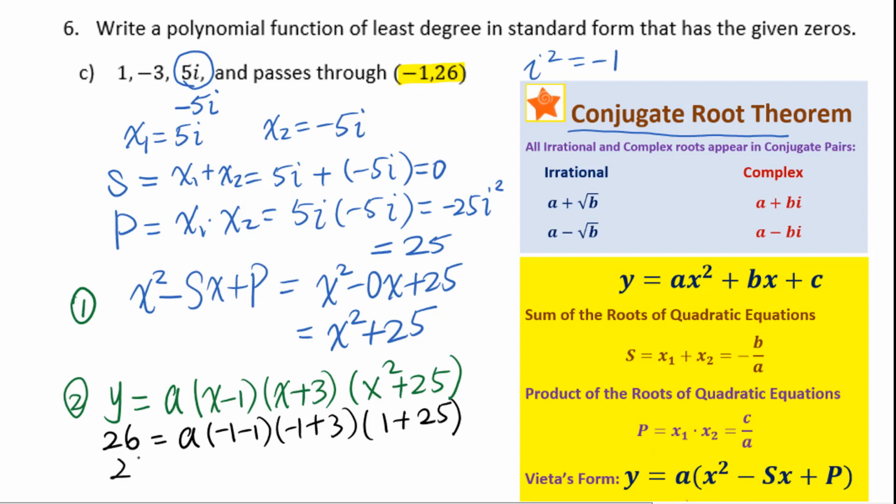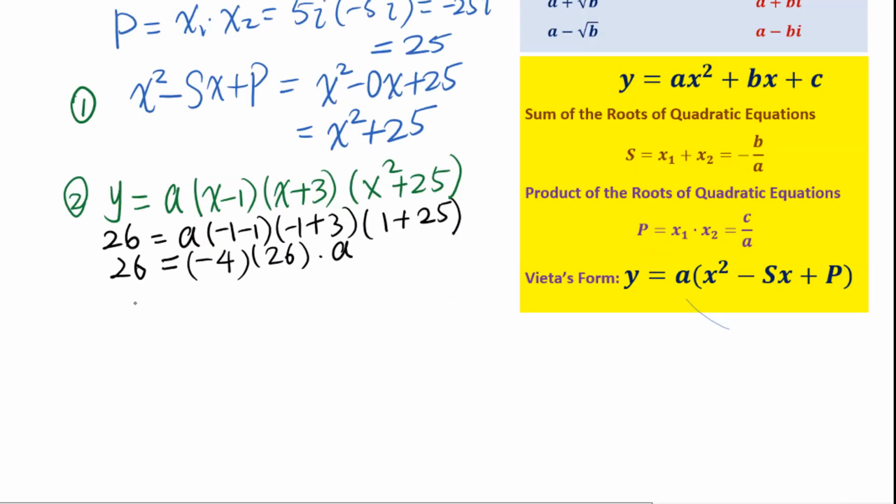We will get 26 equals negative 2 times 2 is negative 4, so negative 4 times 26 times a. So we divide by 26 on both sides. You will get 1 equals negative 4a. a equals negative 1 over 4.